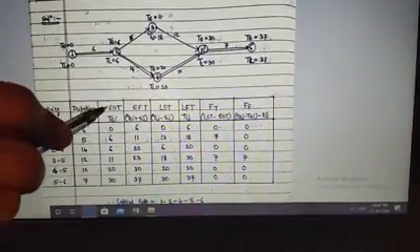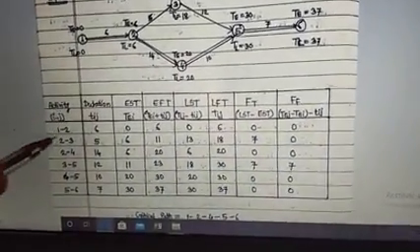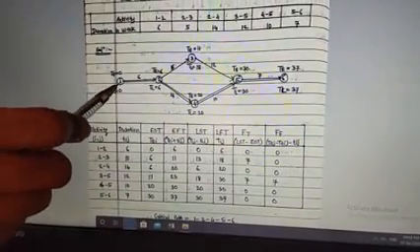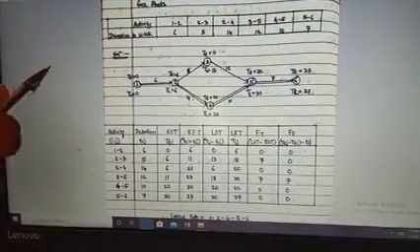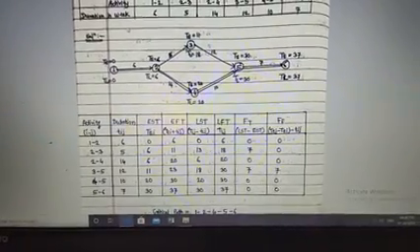That is why the early start time for this activity will be 0, because at the first activity, before starting it, we are not going to spend a single minute on it. That is why I have written 0.